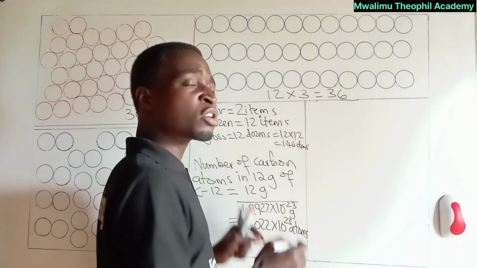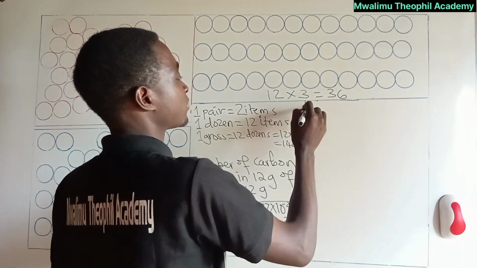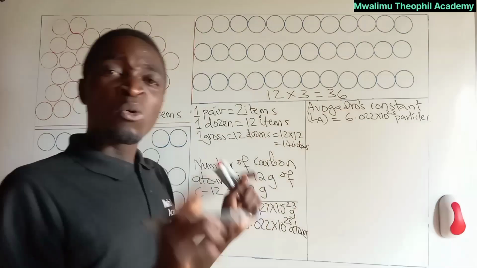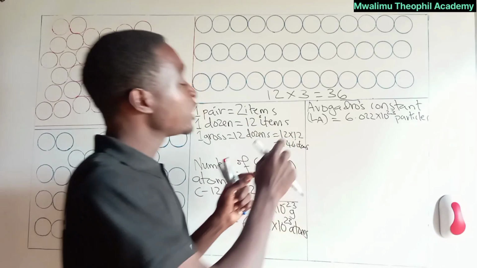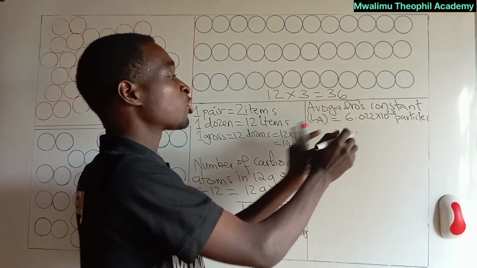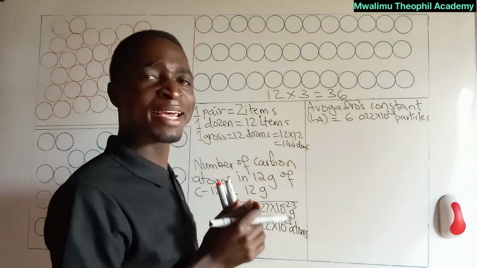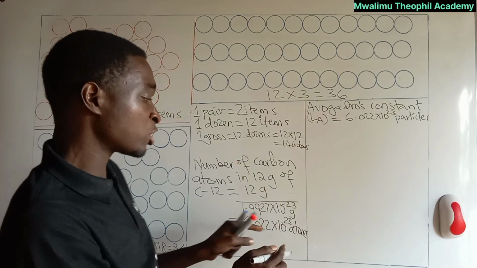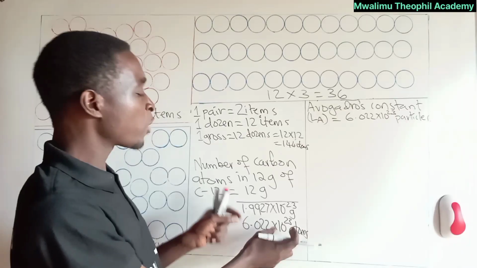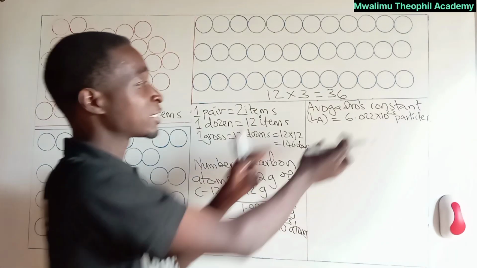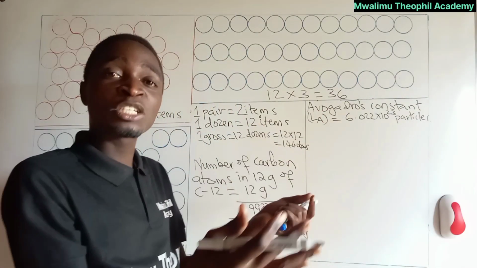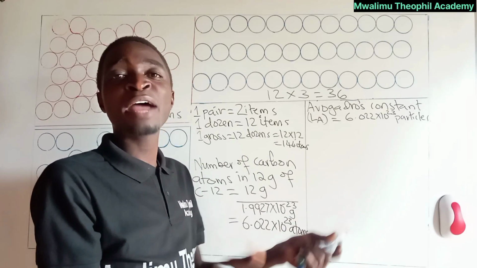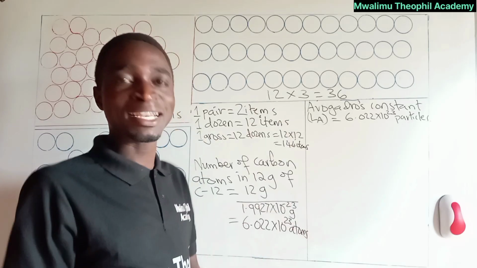So when we speak about Avogadro's constant, which is denoted as N_A, it is equal to 6.022 times 10 raised to 23 particles. I have written particles, not atoms, because here we were dealing with carbon atoms. But when I write particles, I mean that these particles cannot only be atoms. You may find molecules or ions, so it depends on the question asked.